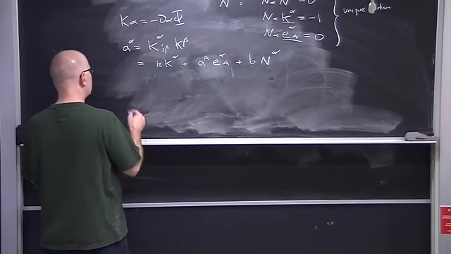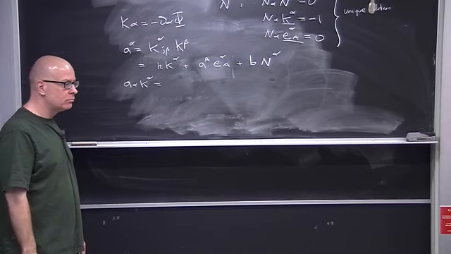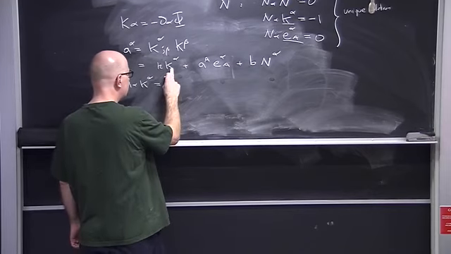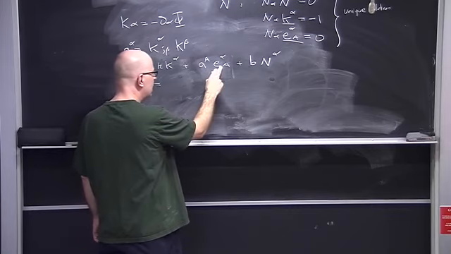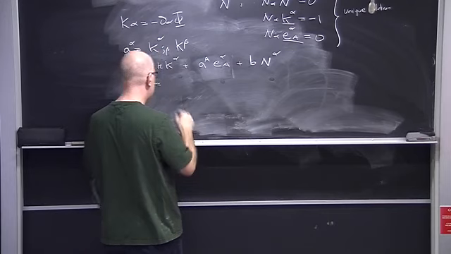Well, the first thing you could do is to calculate the inner product between A and K. And according to the decomposition, the inner product of K and K is 0, the inner product of K and E is 0, and the inner product of K and N is -1.